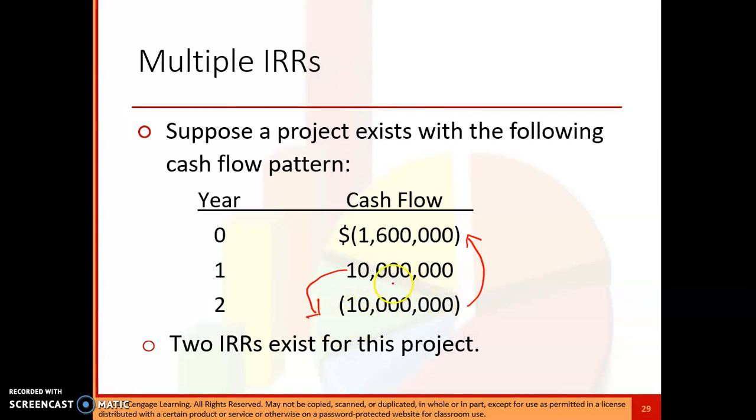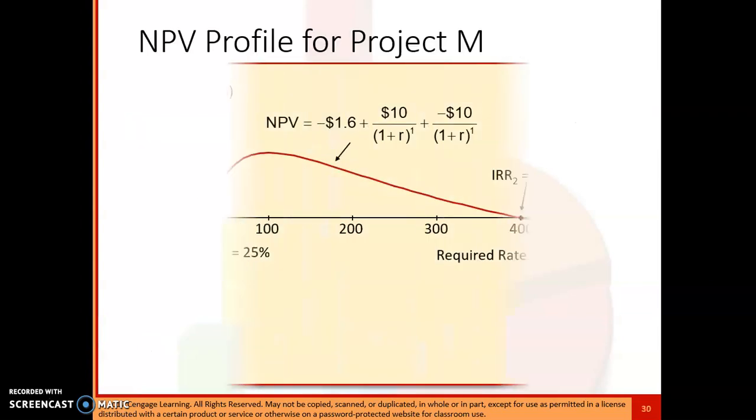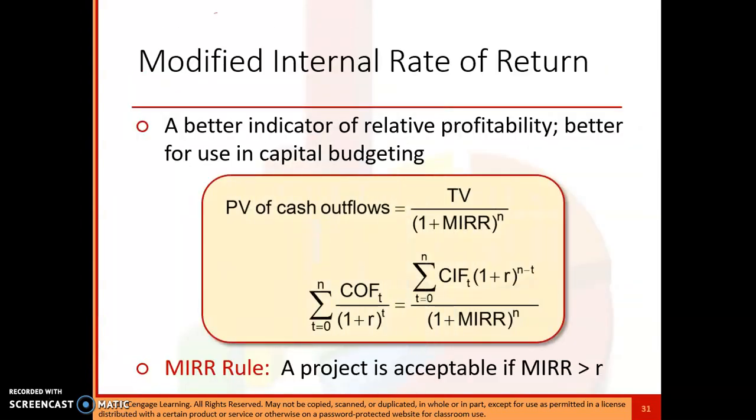That would eliminate our multiple IRRs because we are going to have an outflow here and an inflow here. So it solves the problem. That's called modified internal rate of return.